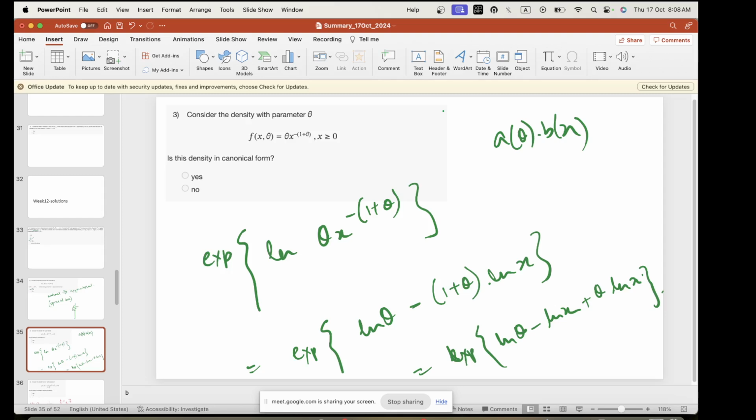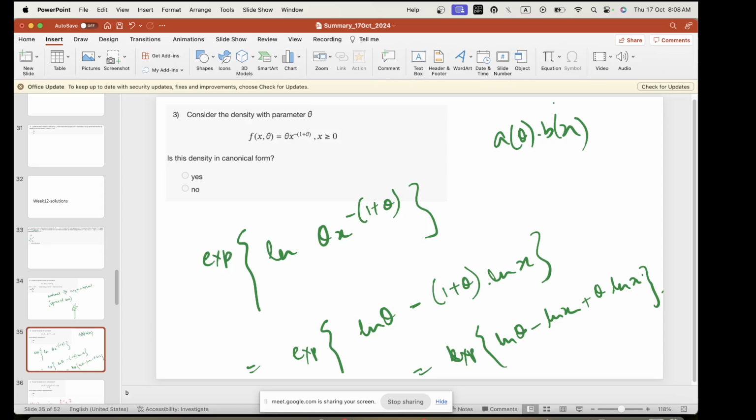But if we use the generalized form, then what is the definition of canonical? How do we say that it's canonical or not? First we have to check whether it belongs to the exponential family or not.